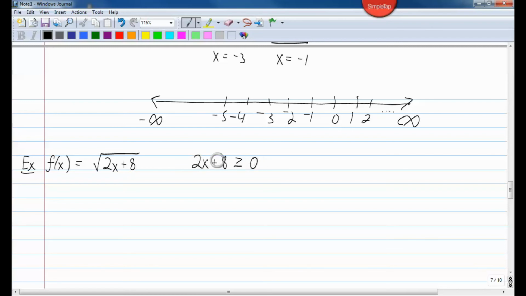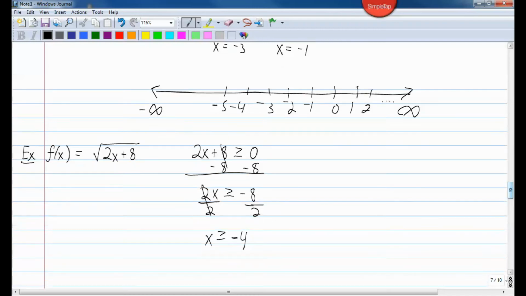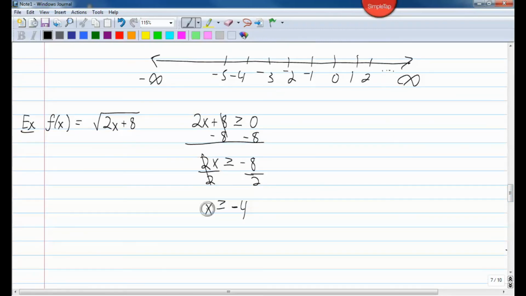Now solve this like an equation. Minus 8, minus 8. So 2x is greater than or equal to negative 8. Divided by 2, divided by 2. So x is greater than or equal to negative 4. That's what we can plug in. So our domain, we don't start at negative infinity.